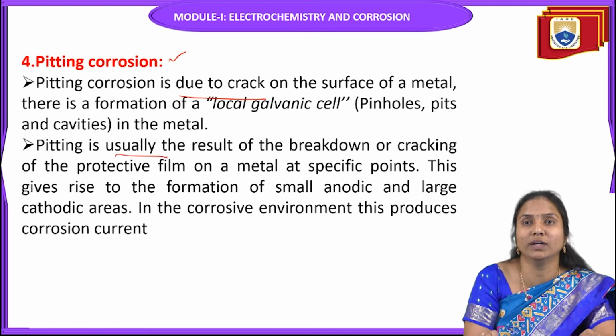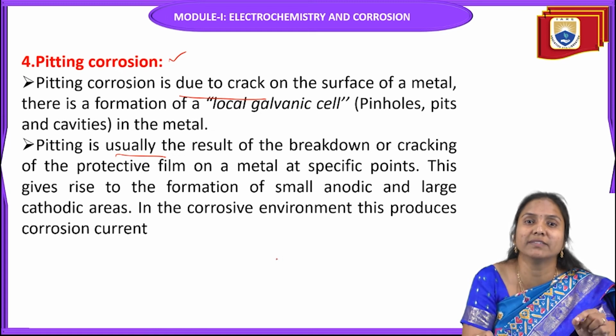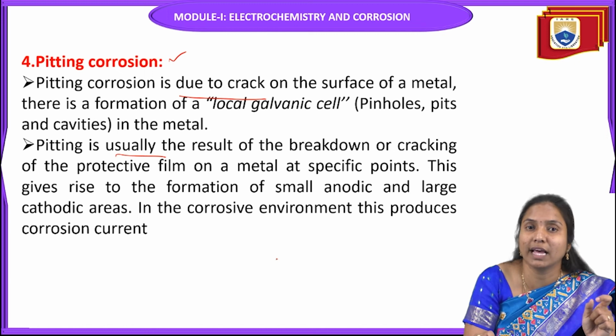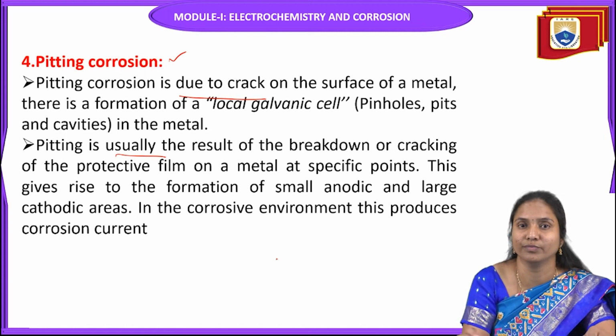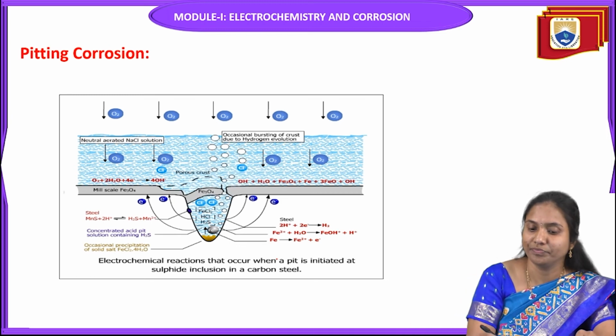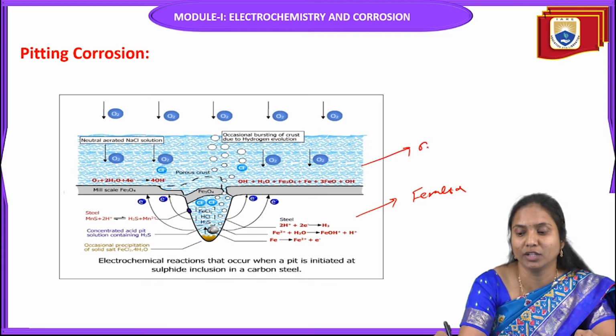Pitting is usually the result of breakdown or cracking of the protective film on the metal at specific points. That cracked part acts as the anode and the rest of the part acts as the cathode. For example, this is iron metal interacting with a neutral medium.